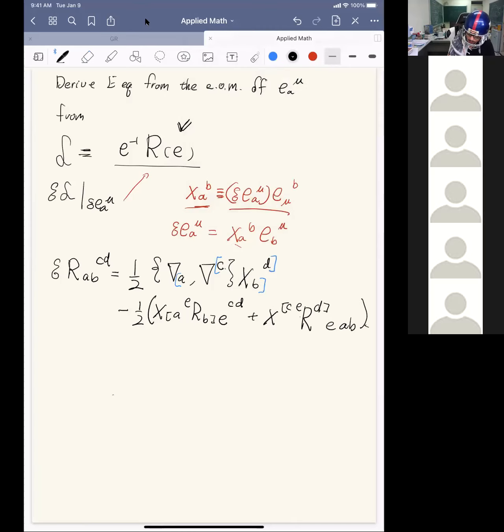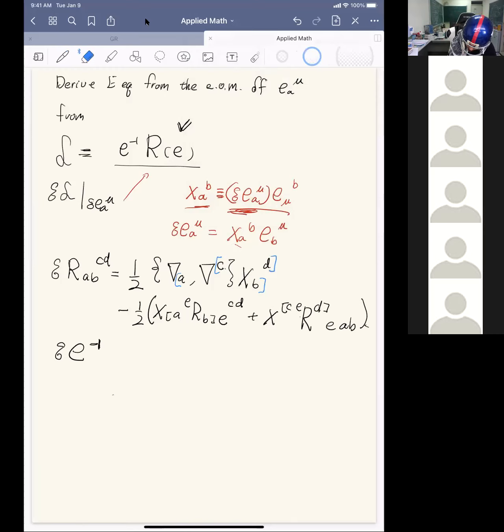So this is the variation of your Riemann tensor if you do variation with respect to your Vierbein. Okay, and similarly, of course, we also need the variation of the determinant of the inverse Vierbein.